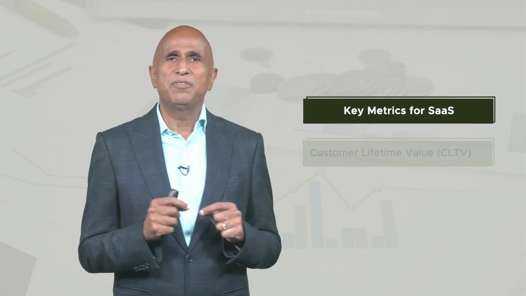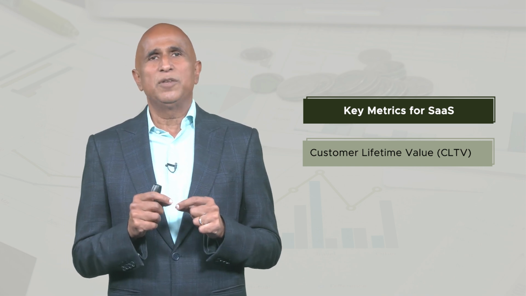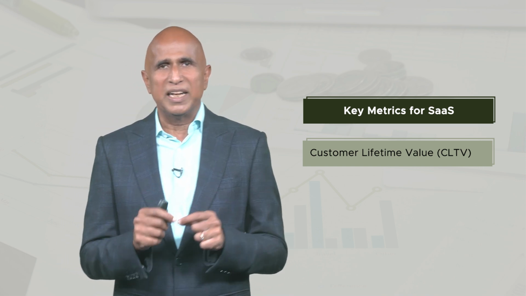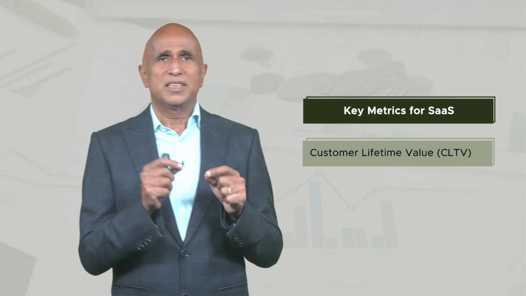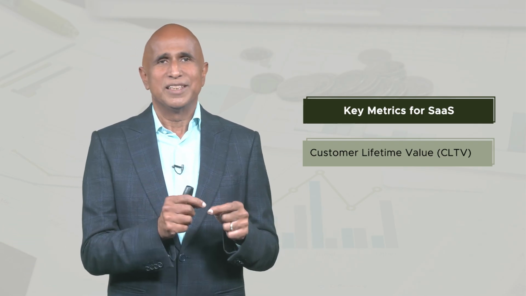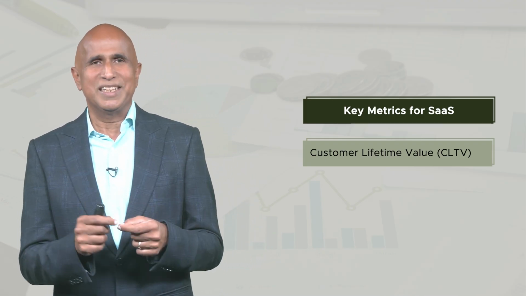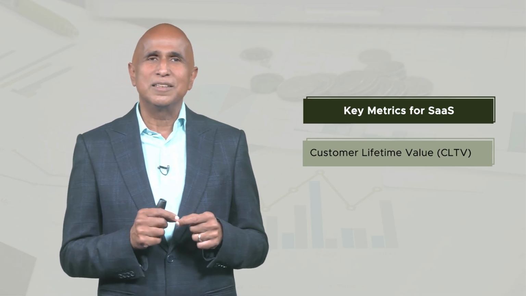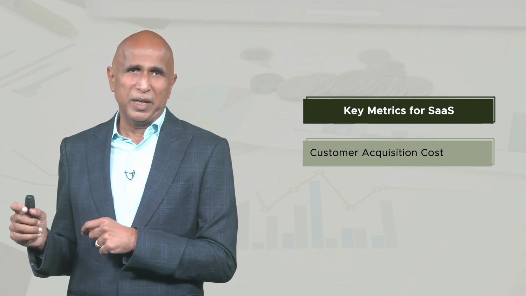Third is customer lifetime value. This estimates the total revenue expected from a customer over the entire relationship with the SaaS company. This is a function of the churn rate. You will be able to calculate the customer lifetime value from the churn rate that we discussed earlier. Then you have customer acquisition cost. One is the lifetime value, how much money you make from them.